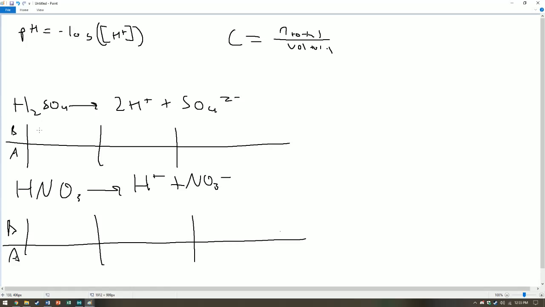We had 1 molar. I gave myself nicer numbers here. So we had 100 mL of 1 molar and 350 mL of 1 molar, so 0.350 mole.